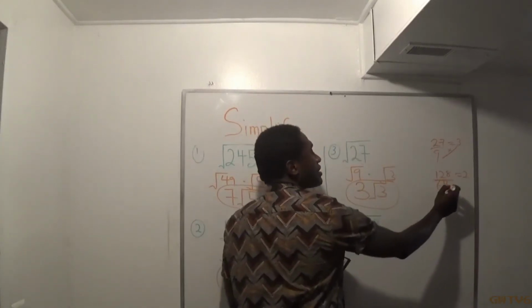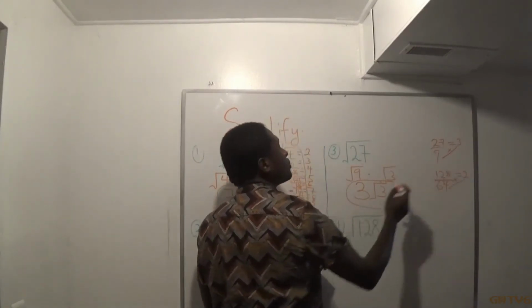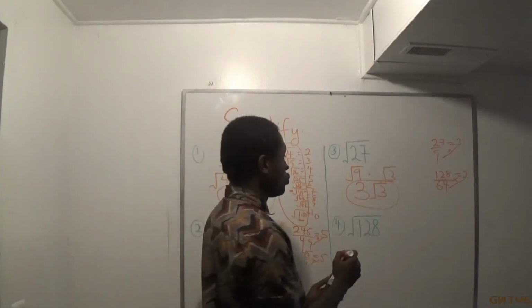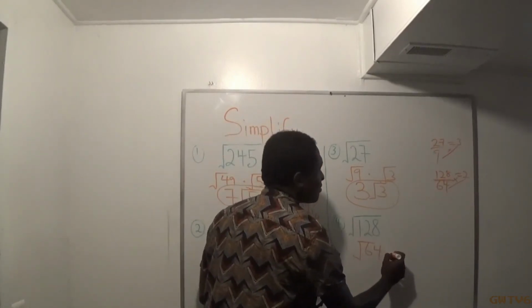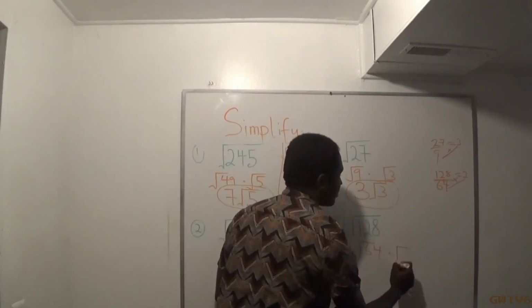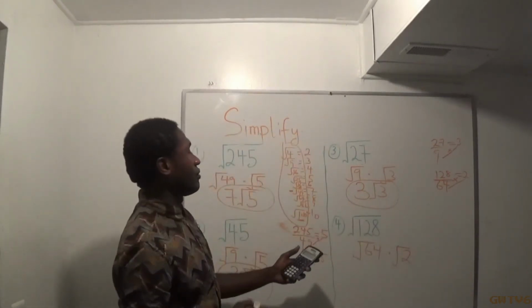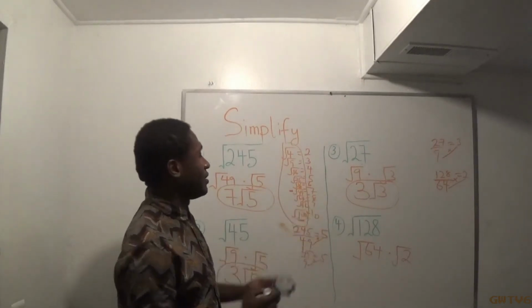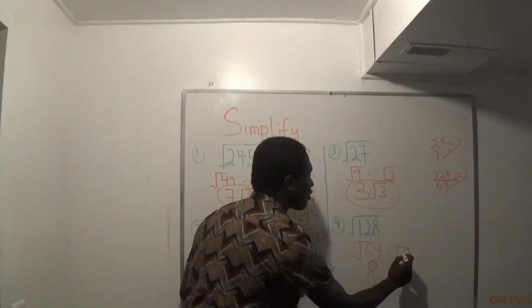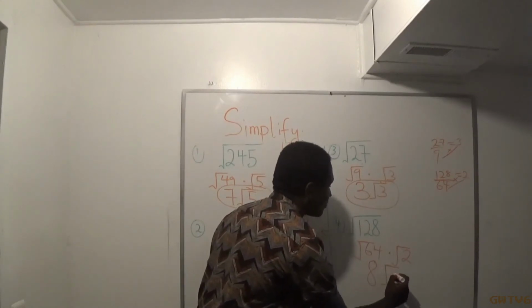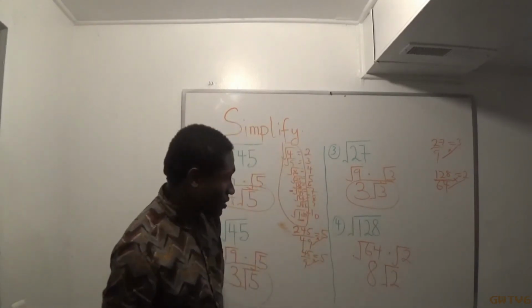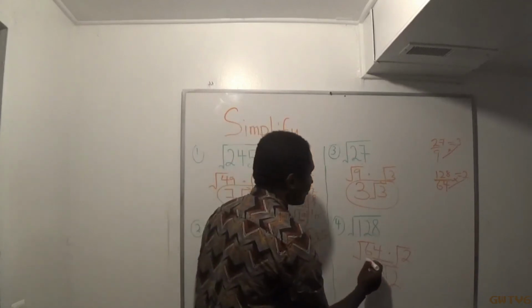So that means 64 times 2 is 128. So I can break this down into 2 as square root of 64 times square root of 2. And square root of 64 is 8, so I have my 8. Square root of 2 will stay the same because there's no square root of 2. So the answer is 8 square root of 2.